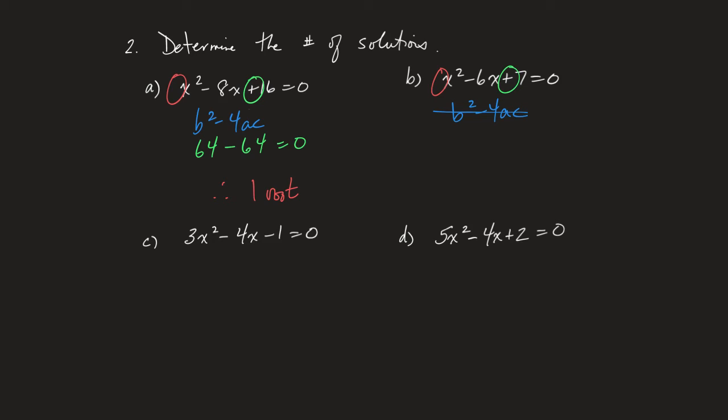So I take a peek. I have my 36 minus 4 times 1 times 7. I don't even calculate my answer. I just know that 36 minus something less gives me a positive value. And as soon as I see that my discriminant is positive, I know that I have two roots.